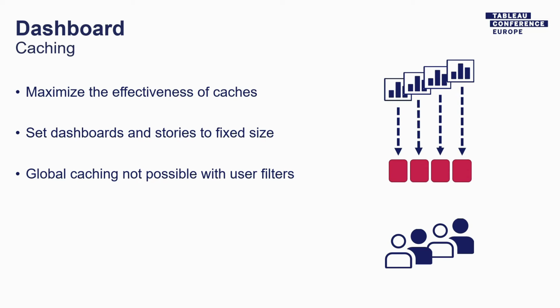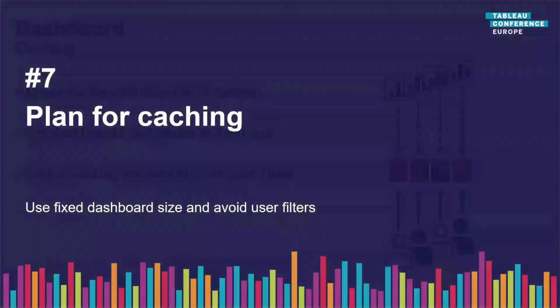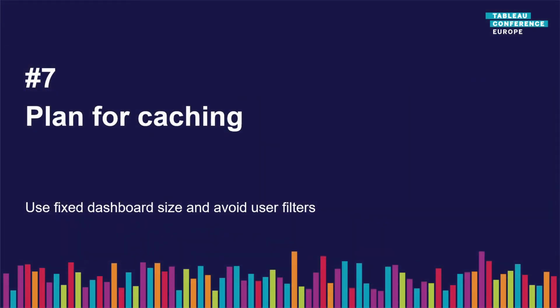So every preloaded dashboard is stored in a cache, but you cannot make use of the global cache because every user is seeing his personal view. So plan your dashboards in a way that caching can be used, which will maximize your dashboard performance. So use fixed dashboard sizes and avoid user filters if they are not relevant.